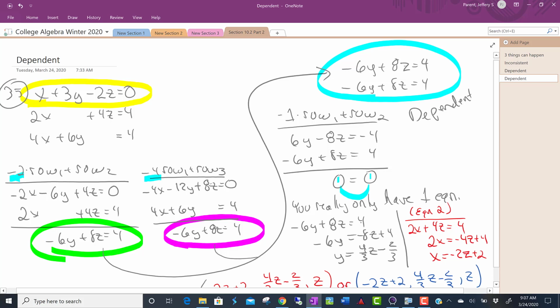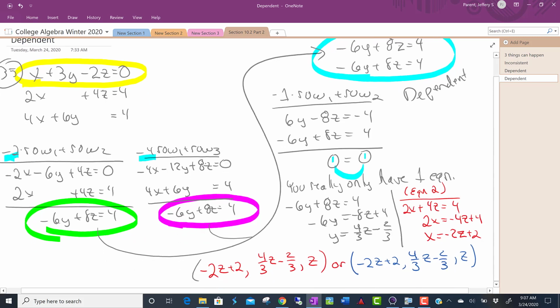So let's work with that one equation and solve for y in terms of z. I'll move the 8z to the right-hand side and then divide everything by -6. I get this expression. Okay, that's great. Normally you'd have to plug this expression back in here for y and then solve for x in terms of z. But we've got a nice alternative here.